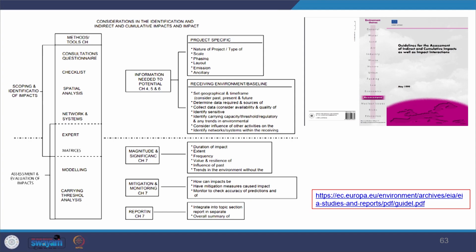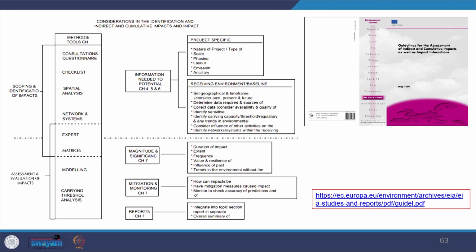So this is what is unique here: set geographical and time frame, determine the data required, collect data, identify sensitive areas, identify carrying capacity. So carrying capacity becomes one key element here. Consider influence of the other activities, and identify network and systems within receiving environment. So you undertake that within the scoping.